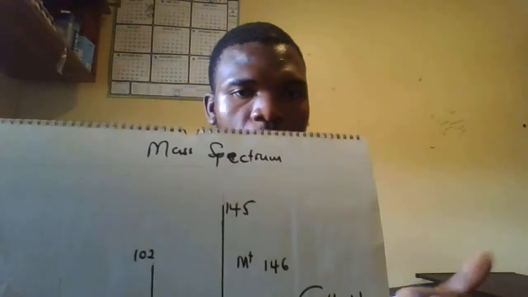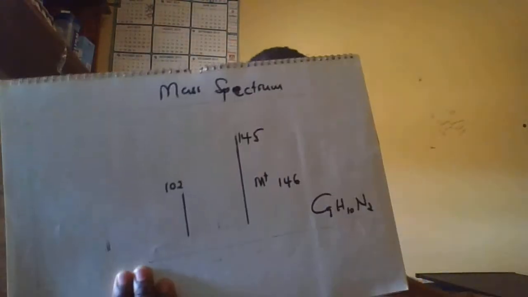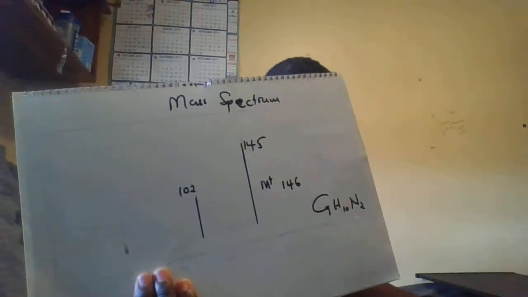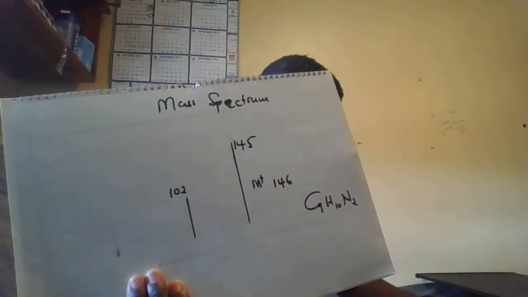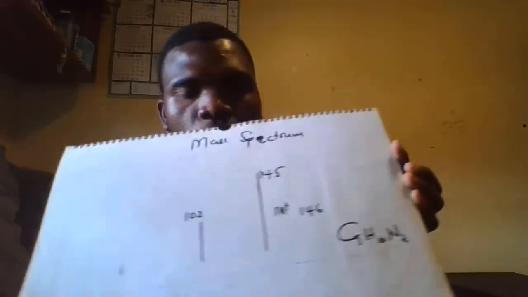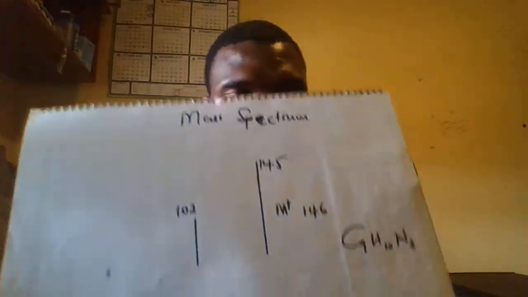We also have the molecular ion peak. I'm going to interpret that information and see how it gives us a clue about the compound that you are looking for.